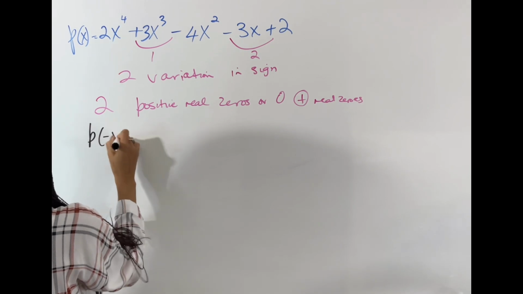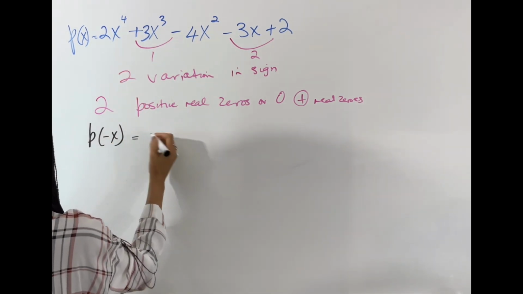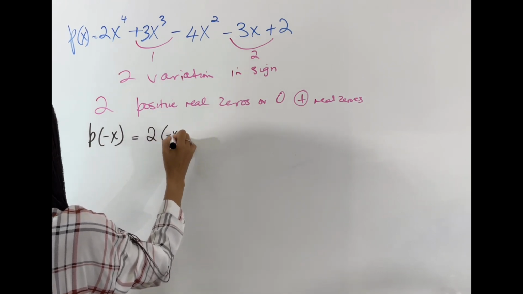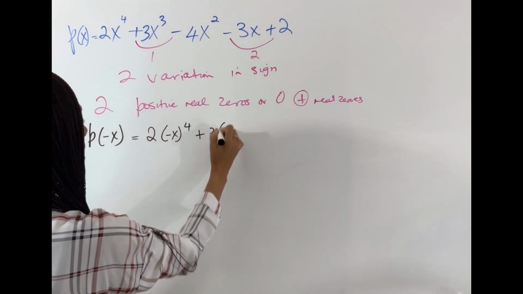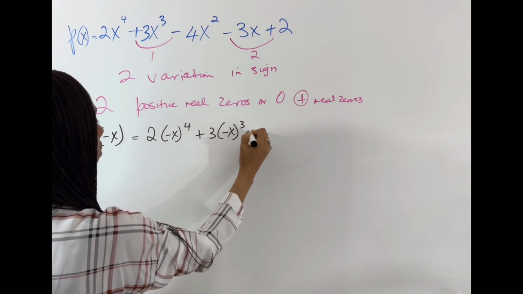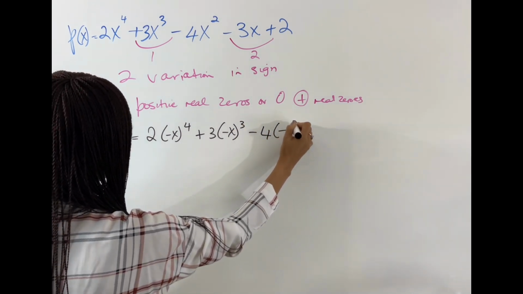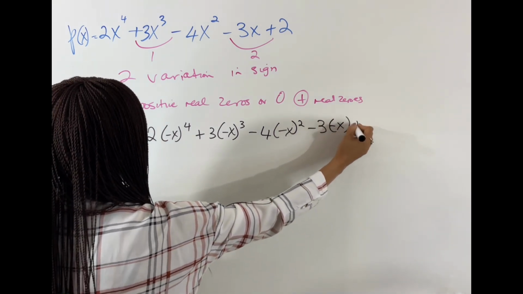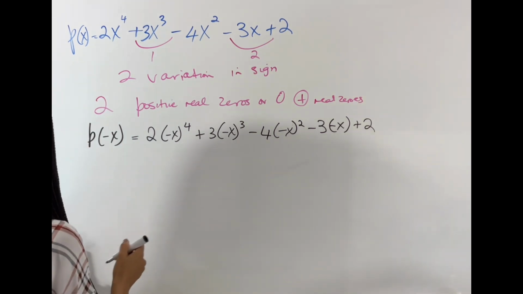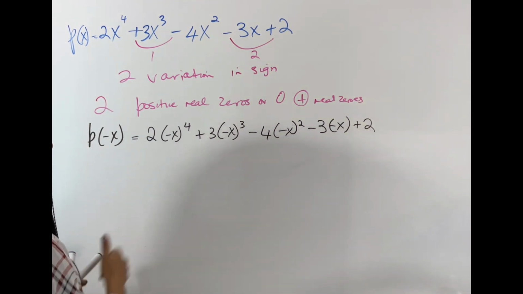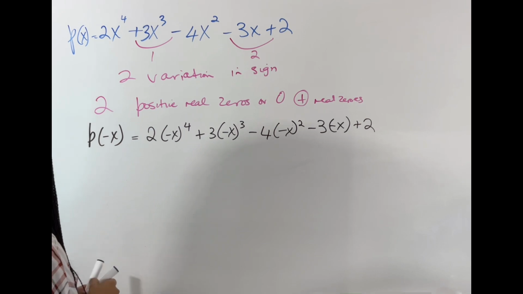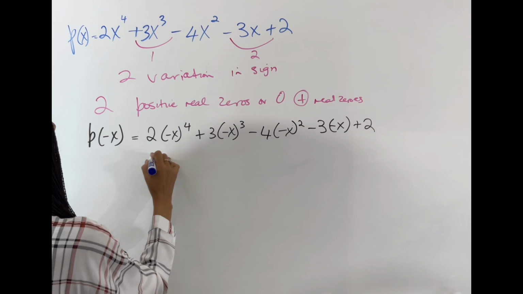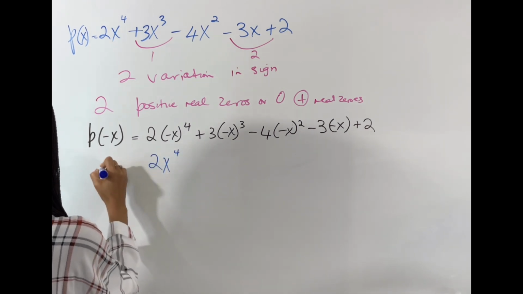So P of negative x, going back to our original function, is 2 negative x to the 4th power plus 3 negative x to the 3rd power minus 4 negative x to the 2nd minus 3 negative x plus 2. Because we have the exponent 4 here, this is simply positive, so we have 2x to the 4th power.